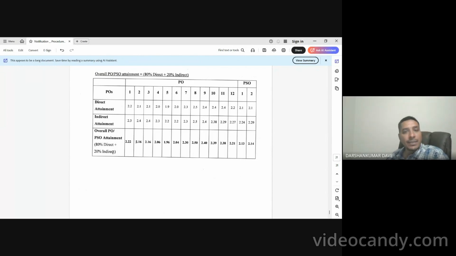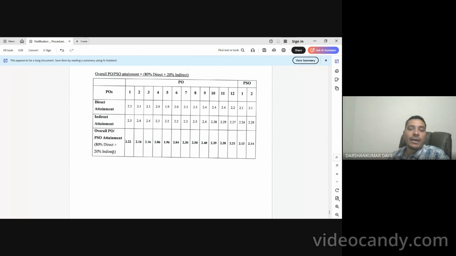When the analysis report for the attainment of course outcomes is generated, it is every semester. And when the analysis report of attainment of program outcomes is generated, it is generated over the period of a program.